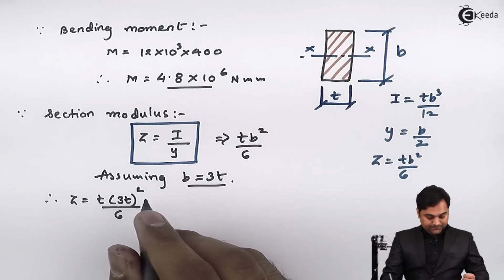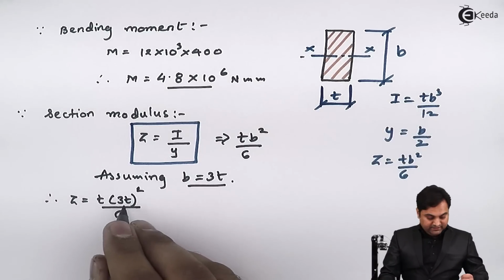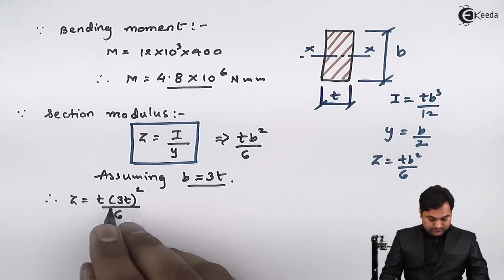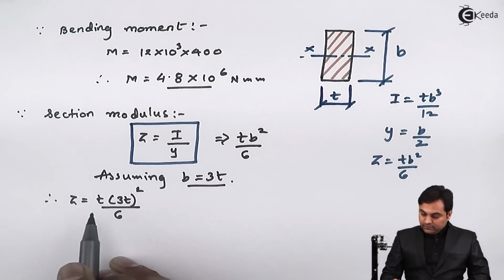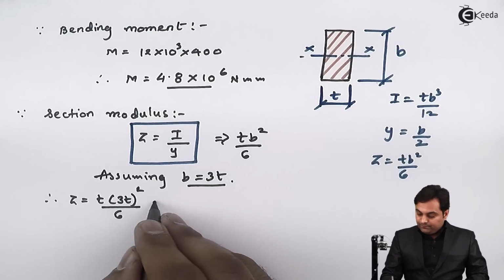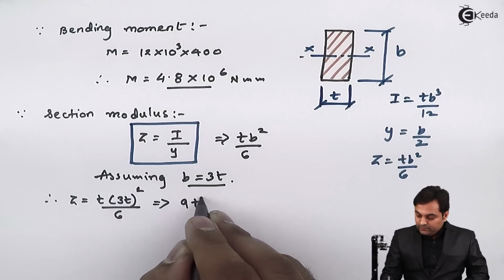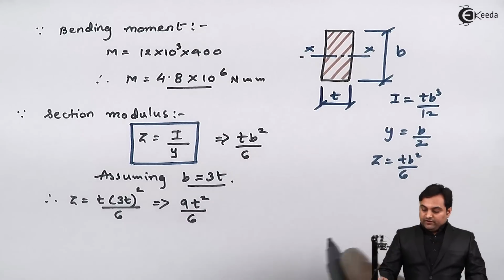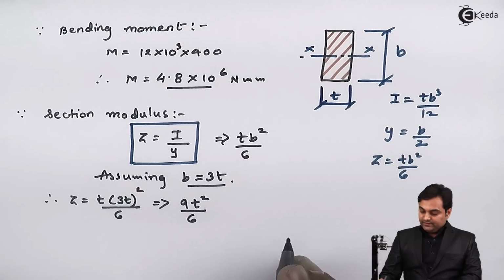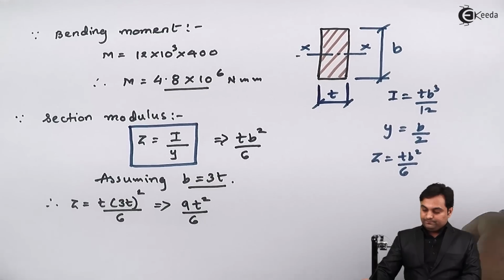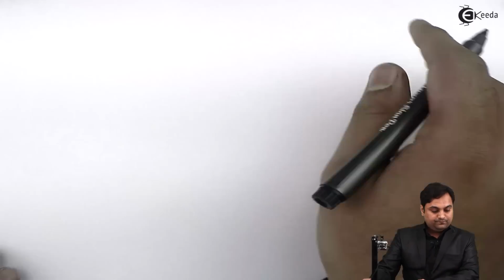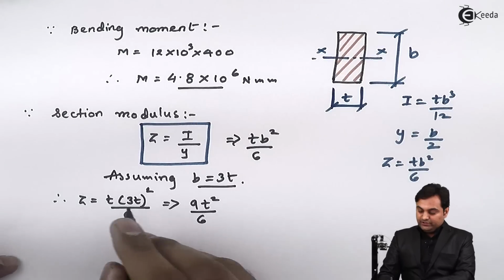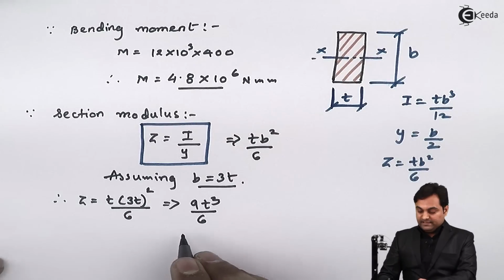So finally here I will get Z is equal to 9 T square by 6. Actually this is T square into T. So 9T cube by 6.